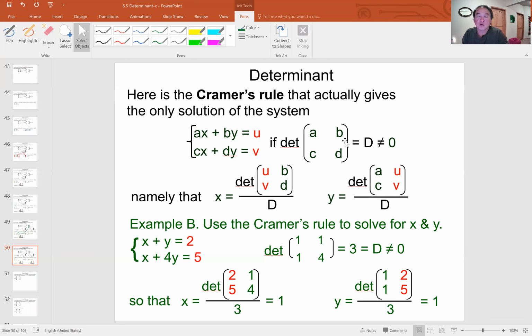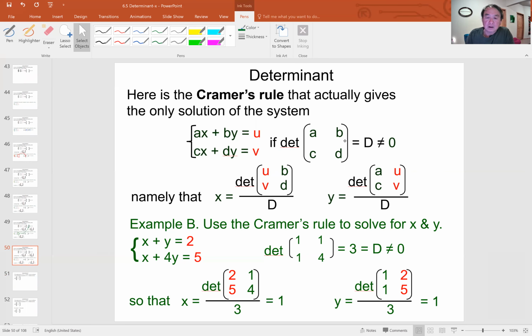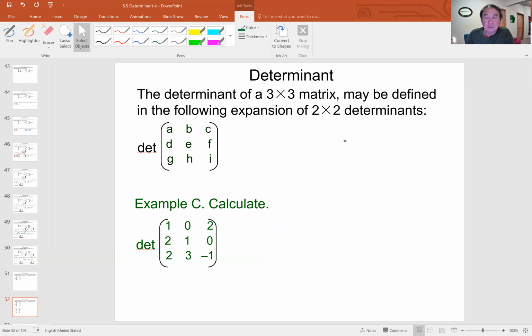Okay. And so this is Cramer's rule. It's not used much. It's interesting. In general, the determinant can be generalized to 3 by 3.